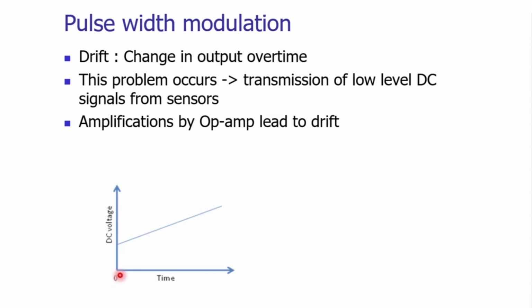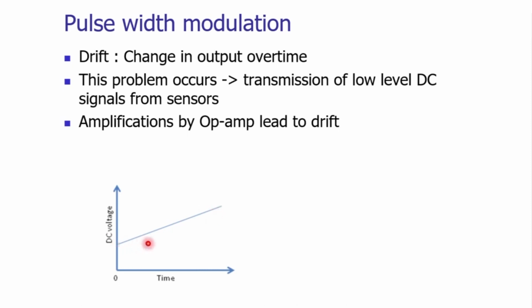On your screen you can see the output DC voltage which we were expecting as a horizontal line or at a constant level, but over the period of time we are getting an increase in the DC voltage.